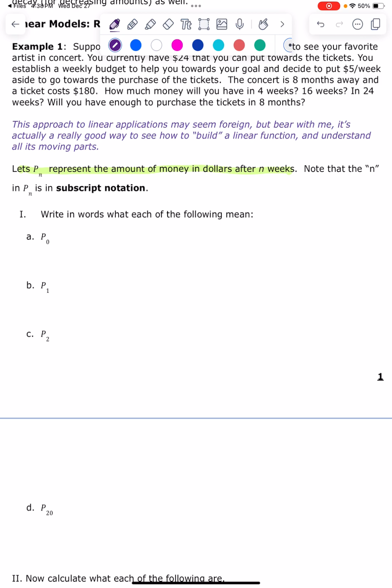So if P is the amount of money after n weeks, then P sub 0 means that n is 0, and P is the amount after 0 weeks. That's what it breaks down to. So P sub 0 is always the initial or starting amount.